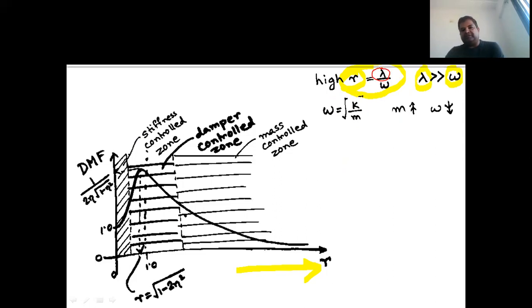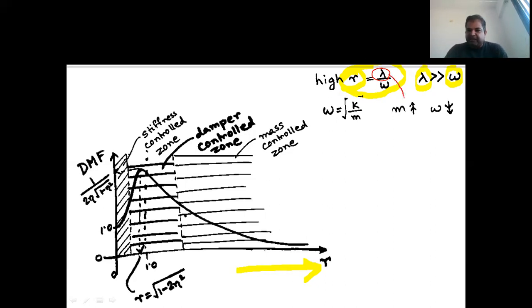As a civil engineer, I do not have any control over the value of lambda, because I get it from my client or from the machine manufacturer, who knows how much the frequency is at which the machine is going to rotate.